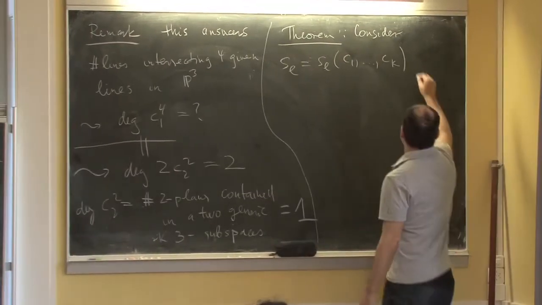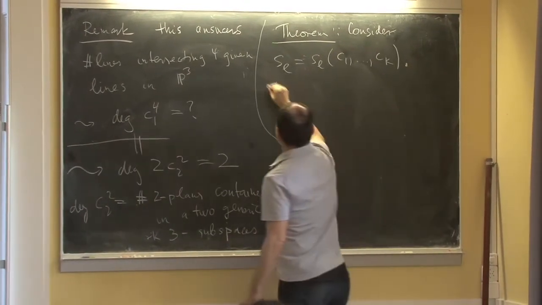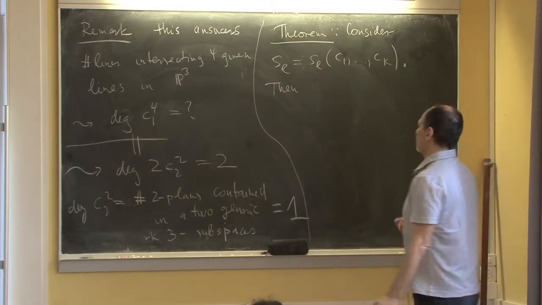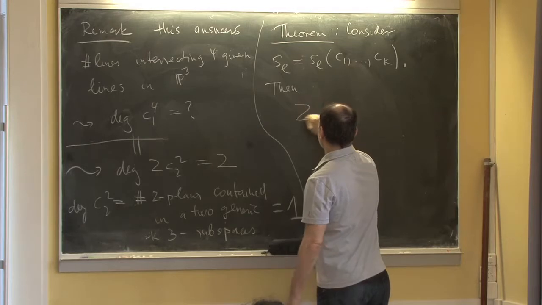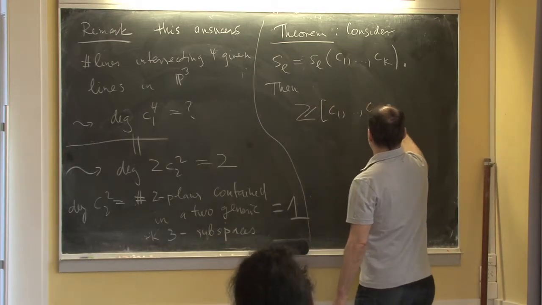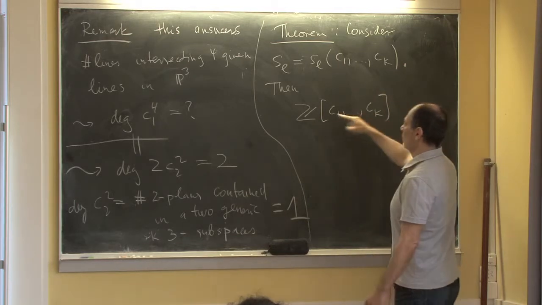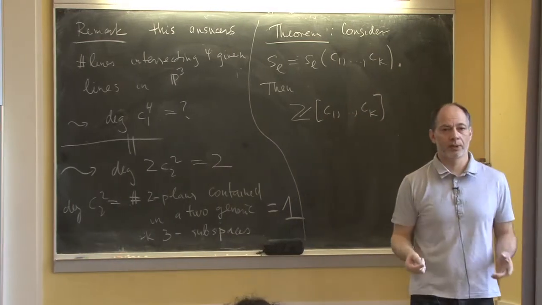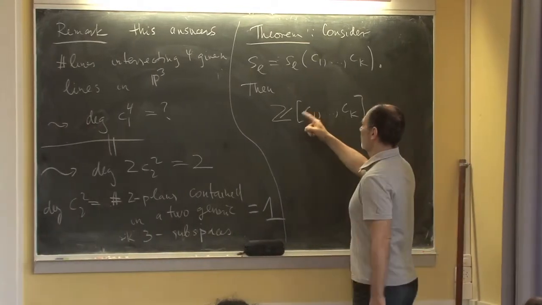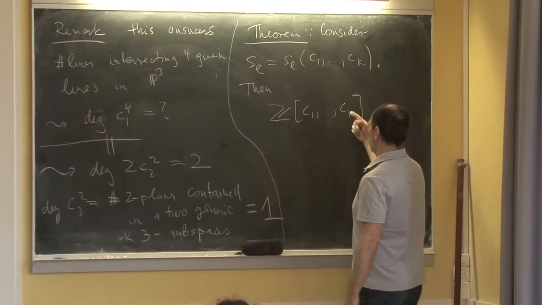Then, quite obviously, any polynomial in these things defines an element of the Chow ring, because Ci is one, so I have a map from here to the Chow ring.